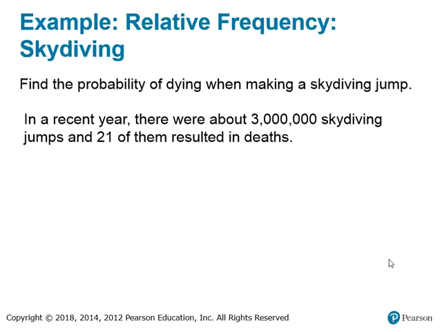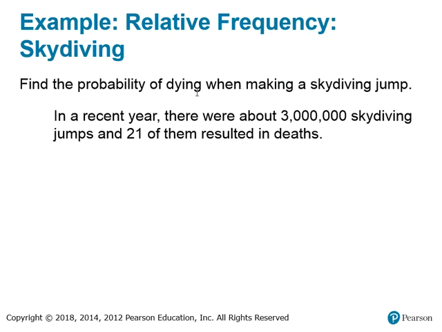So we'll just do a little bit of probability here. In recent years, there were about 3 million skydiving jumps, and 21 of them resulted in death. What would be the probability of dying when you skydive? So if we think about what we're looking at, we're looking at dying.